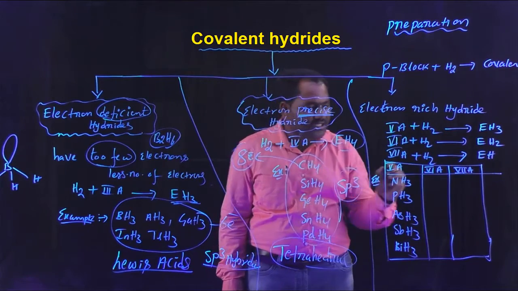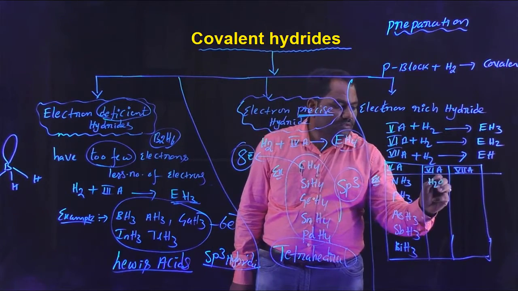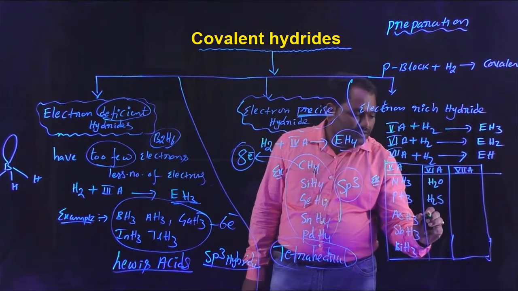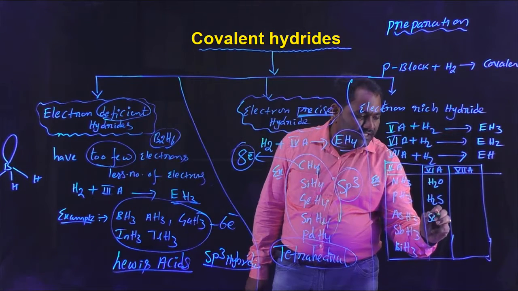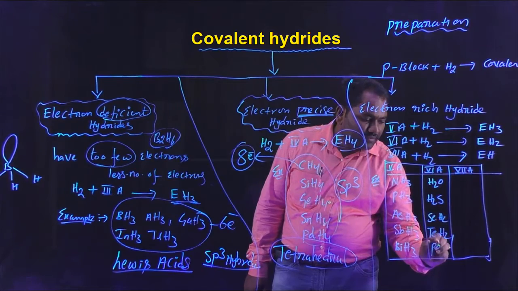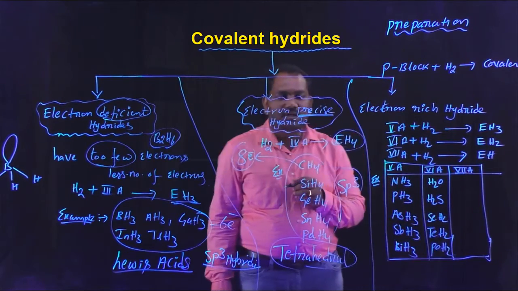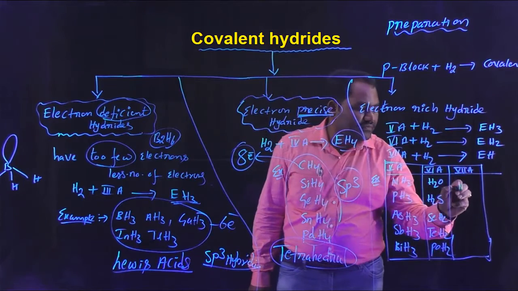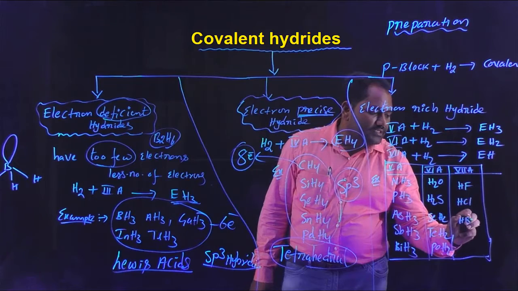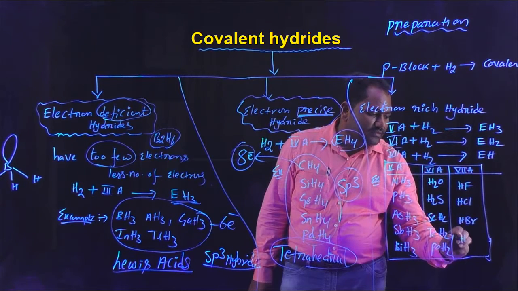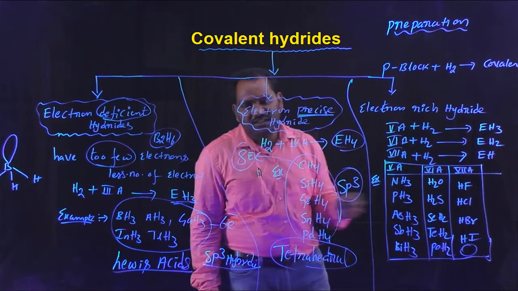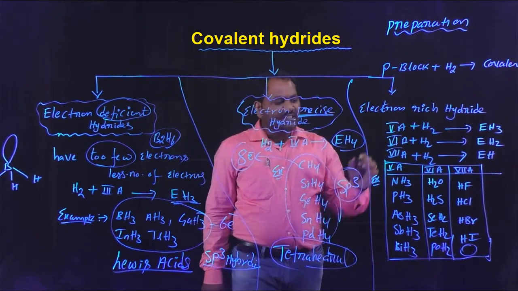Oxygen family examples are H2O, H2S, selenium hydride, tellurium hydride, polonium hydride, like this. And 7th A group: HF, HCl, HBr, and HI. Astatine hydride is unreactive. So these are the examples.